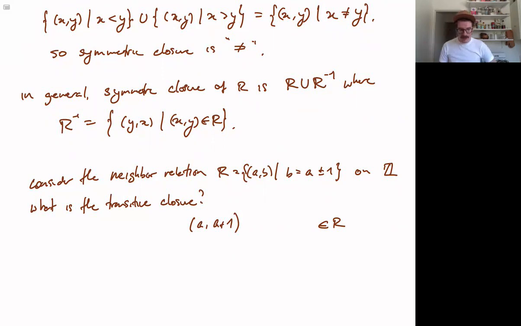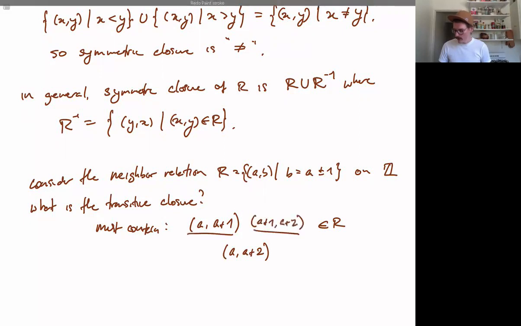So a plus 1 is related to a plus 2. So let's write a list of things it must contain. It must also contain a comma a plus 2, because that's what we get when we apply transitivity to this and this, which is also in our relation.